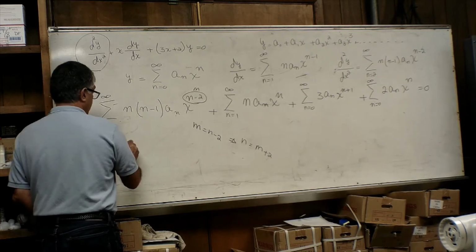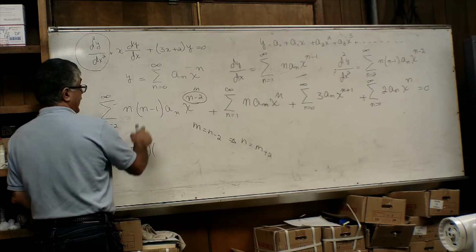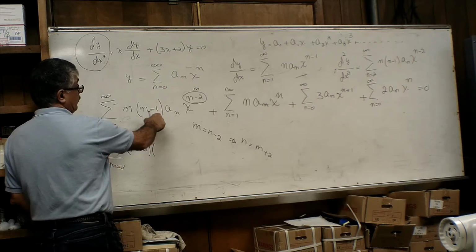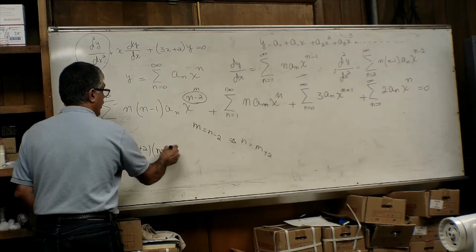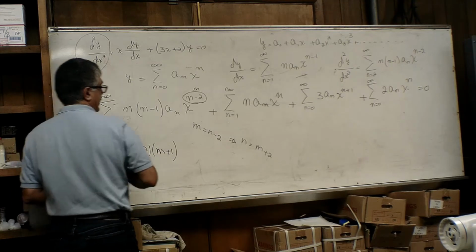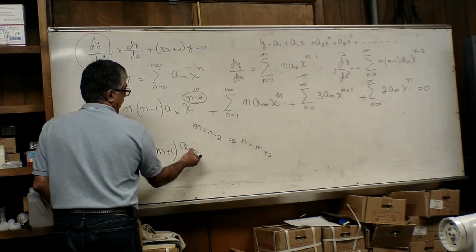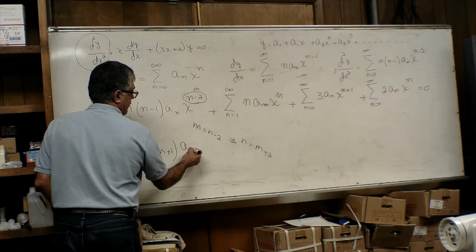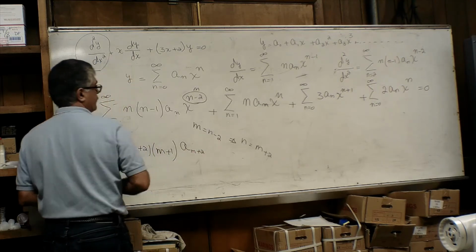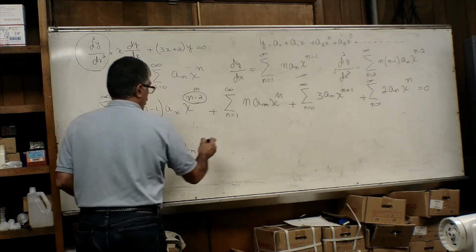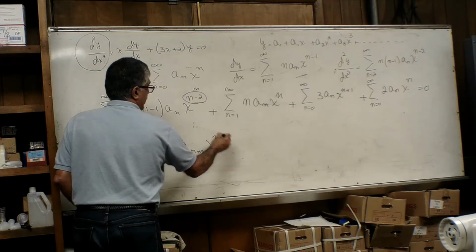So here, instead of n, we have m plus 2, and n minus 1 is m plus 2 minus 1, which is m plus 1, and a n is a m plus 2, multiplied by x to the power m.